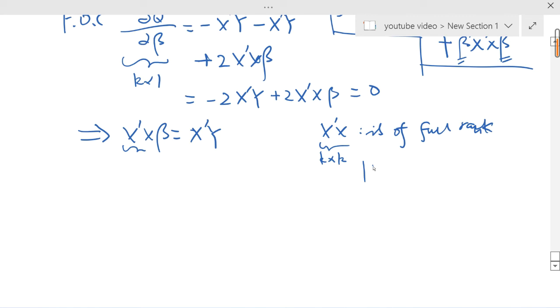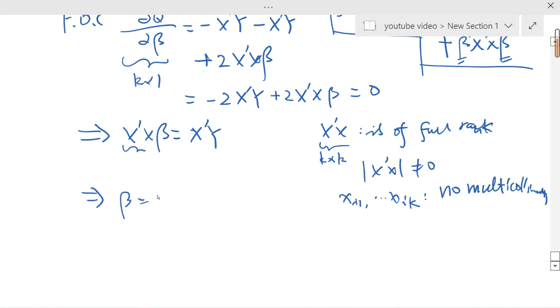Which means the determinant of x prime x is not 0. Or in other words, the x i1, ..., x ik are not multicollinear with each other. So no multicollinearity issue here. Okay, let's invert it.